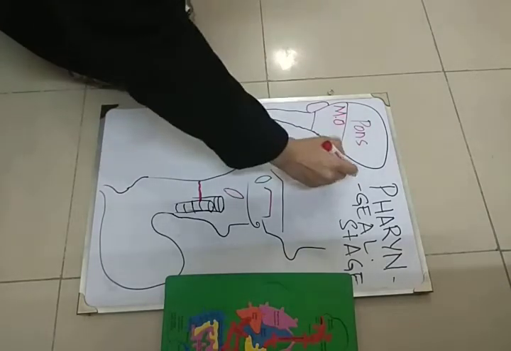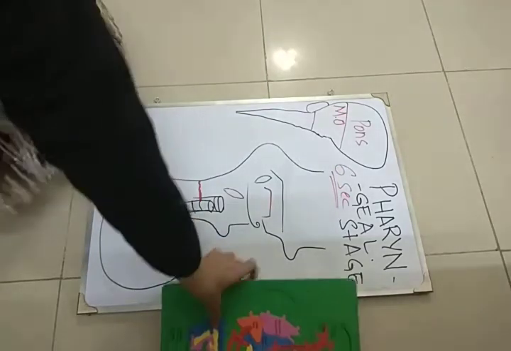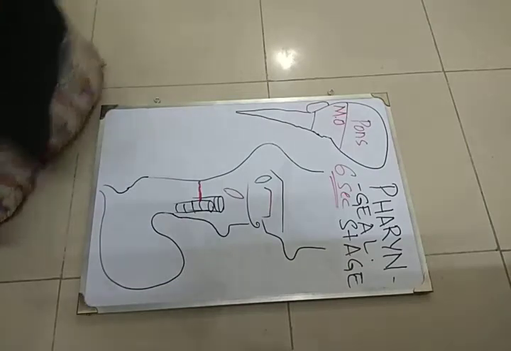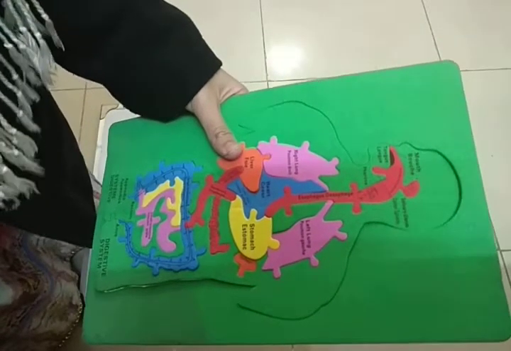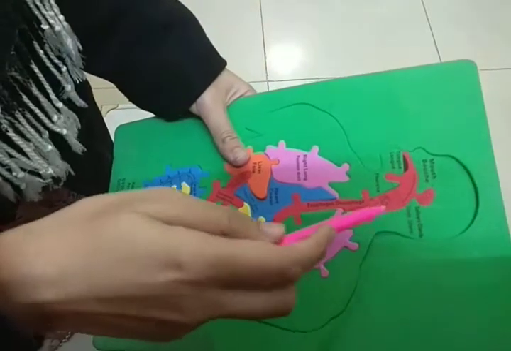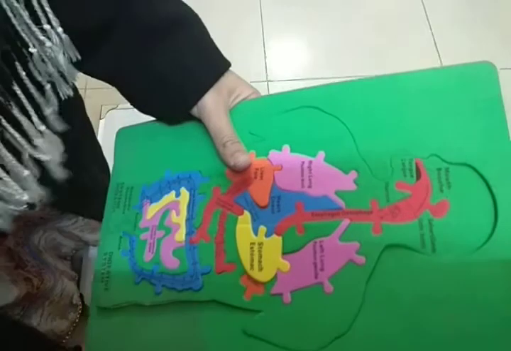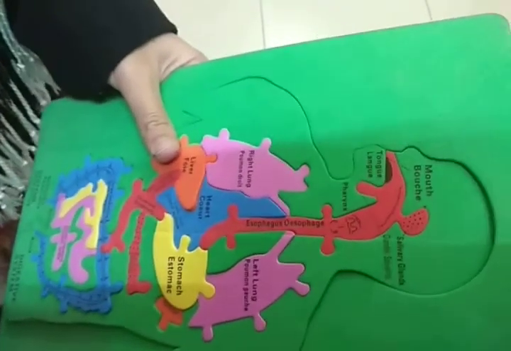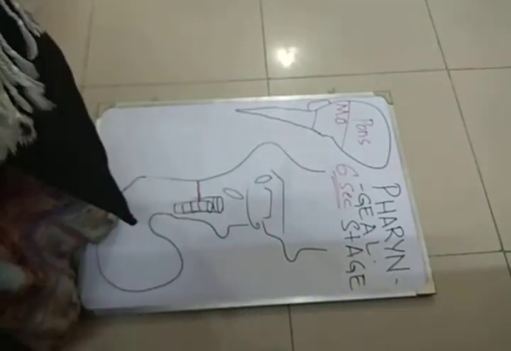As I have told you before, the pharyngeal stage is the pushing of the food from the pharynx into the esophagus. So this is the mouth, the pharynx, and then this is the esophagus. So let's get started with the pharyngeal stage.